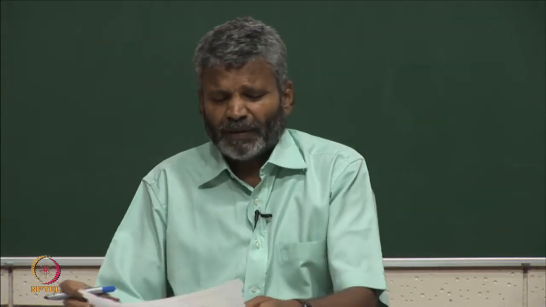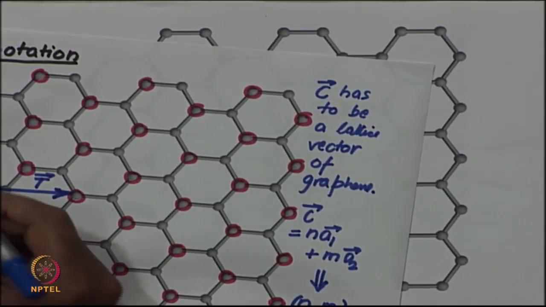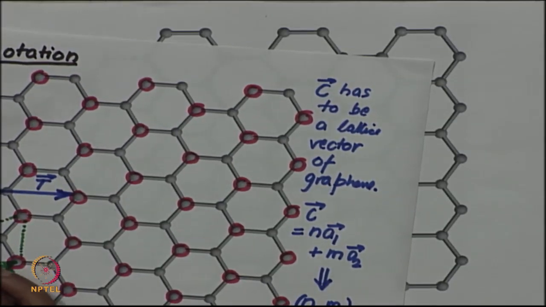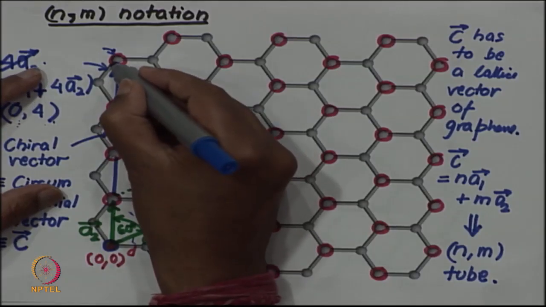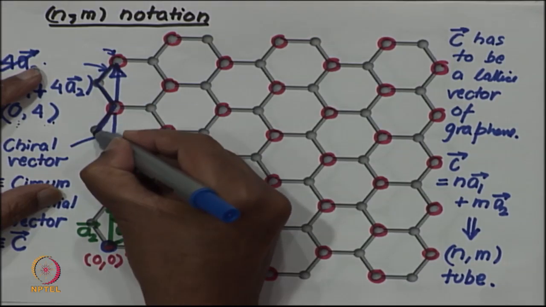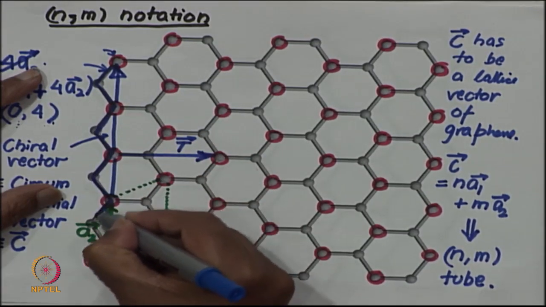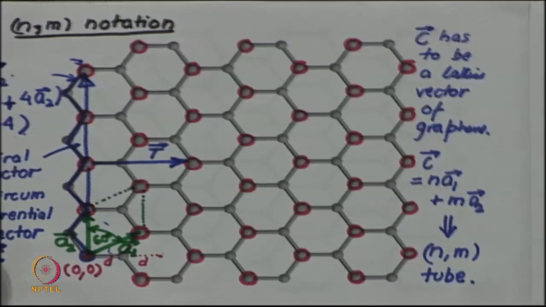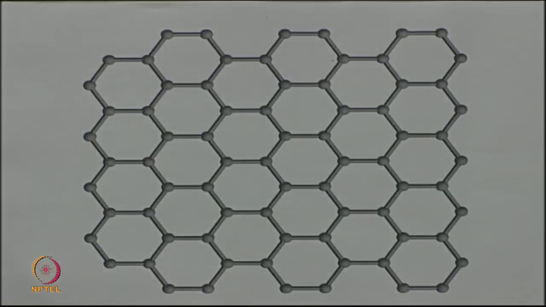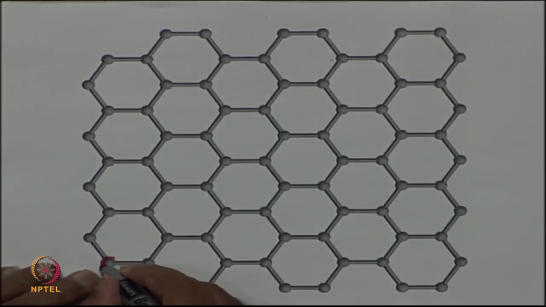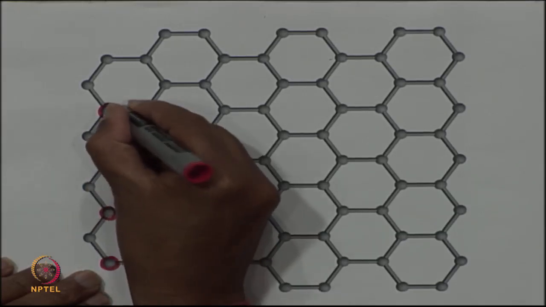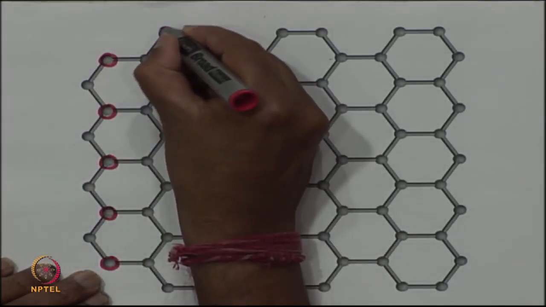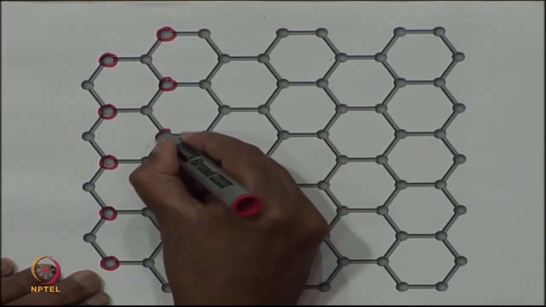So, you can see that if one of the components is 0, so a (0, 4) tube, this time we are getting a zigzag tube, because you can see the zigzag structure along the circumference. If you want an armchair tube, you will take a different chiral vector and it will have a different (n, m) designation.